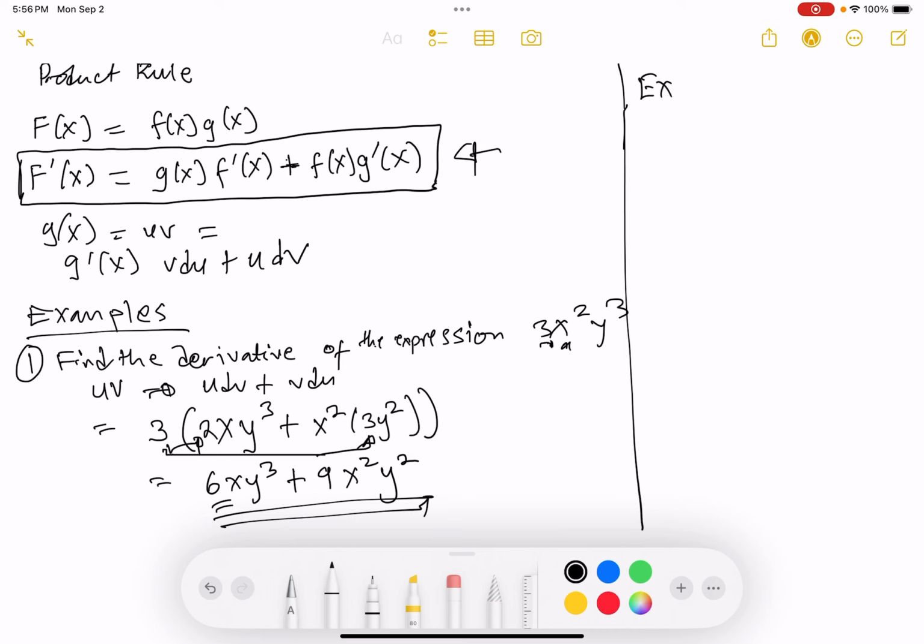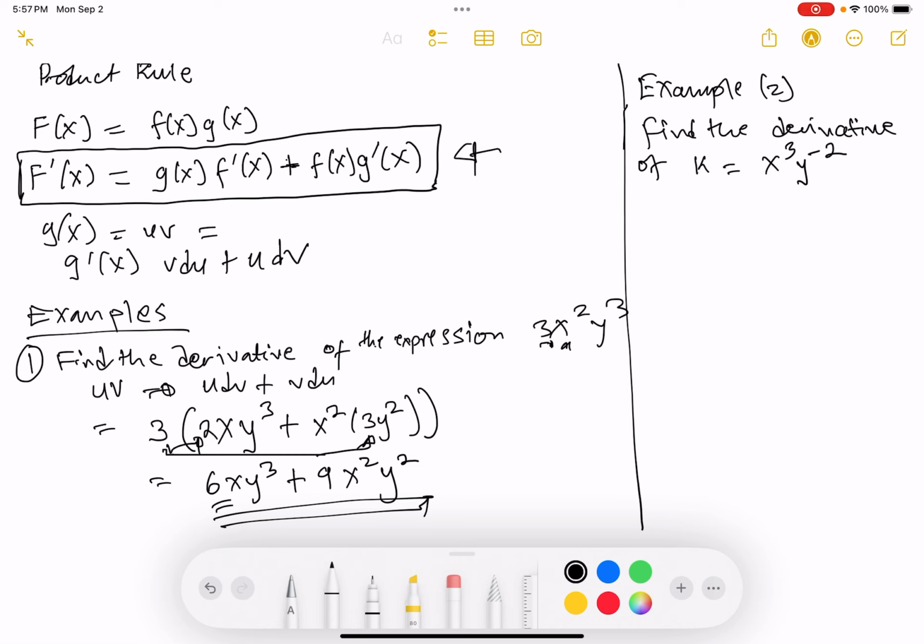Example 2: find the derivative of the function k equal to x cubed y to the minus 2. How do you go about this one?